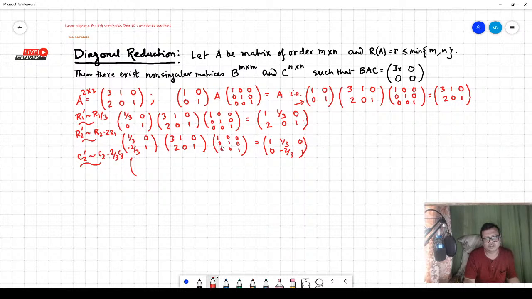So this operation I apply on this matrix. 1/3, this is unchanged. 1 0 0, now C2 0 1 0 minus 2 by 3 0 1, then that means 0 1 minus 2 by 3, so 0 0 1.